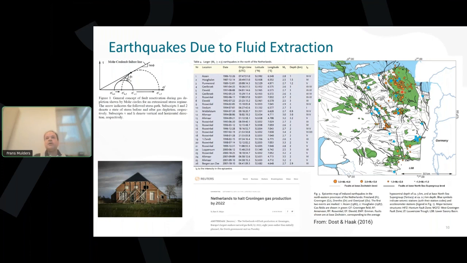It has been shut down because of fluid extraction reactivating faults, creating induced seismicity events, which maybe for New Zealand standards are not very high, but they went up to 3.4, 3.5 on the Richter scale. So for Dutch standards, that is high, and many farms and houses and construction sites are not designed for such small earthquakes. And so you get serious damage, and hence the field is shut down.